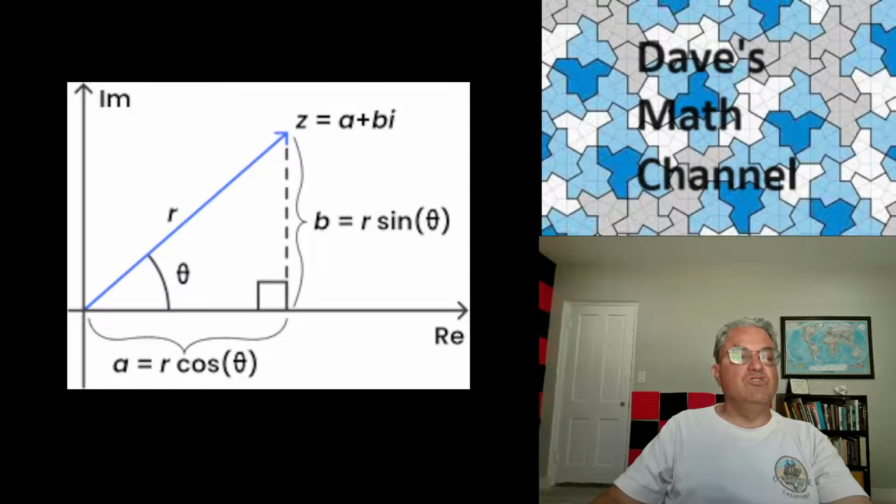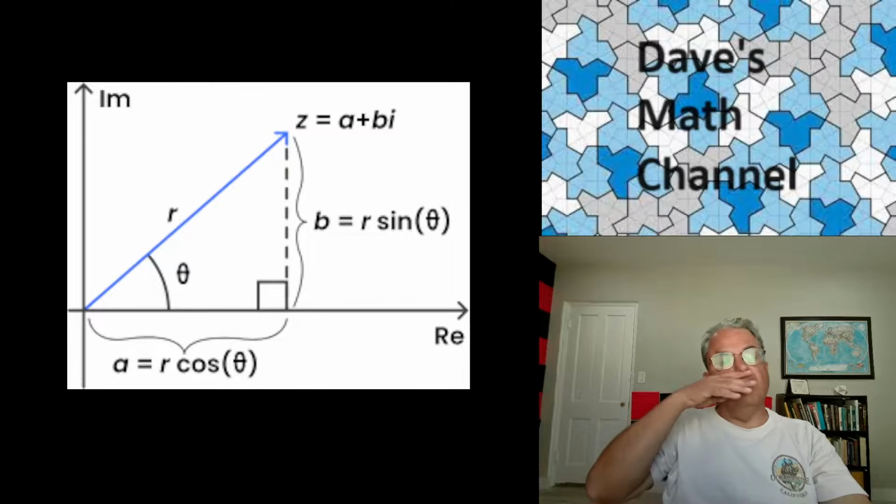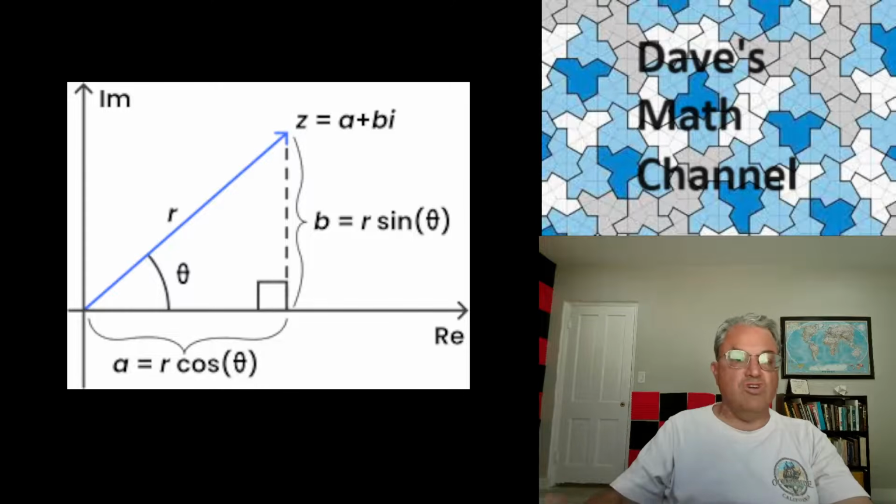That formula really only holds if theta is less than 180 degrees, if you're in the first or second quadrant. If you're in the third or fourth quadrant, you have to take into account the sign of b, which is negative in this case. It has a negative imaginary component. And if that's the case, you have to add 180 degrees, or pi radians if you like.